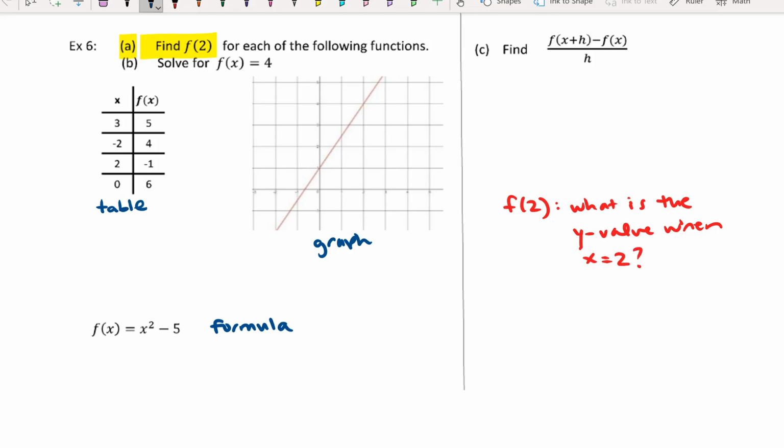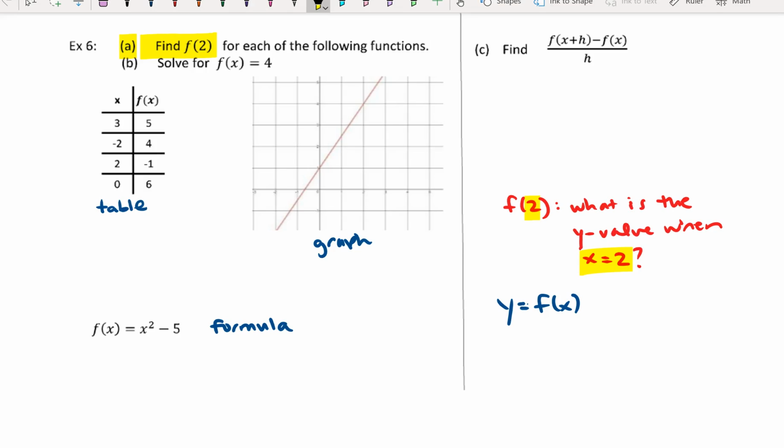So just kind of another reminder, remember we always talk about y equaling f of x. So when we do see the function evaluated at a number, that number inside the parentheses is usually referring to what is the x value or the input.